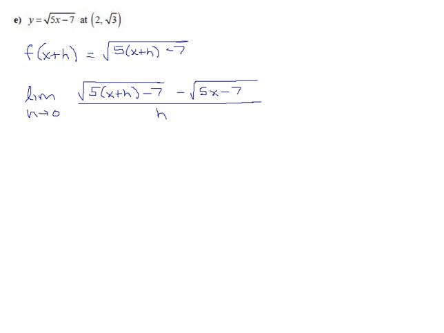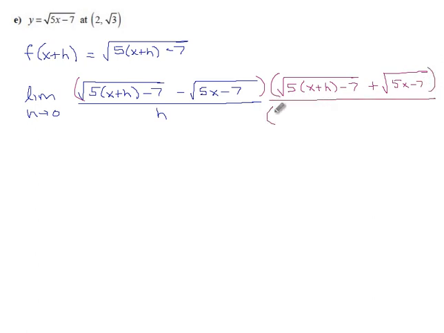Okay, square roots almost always means conjugate. So the conjugate of this expression is all the same stuff, but with the middle sign switched. Plus root 5x minus 7, and the same thing in the denominator.